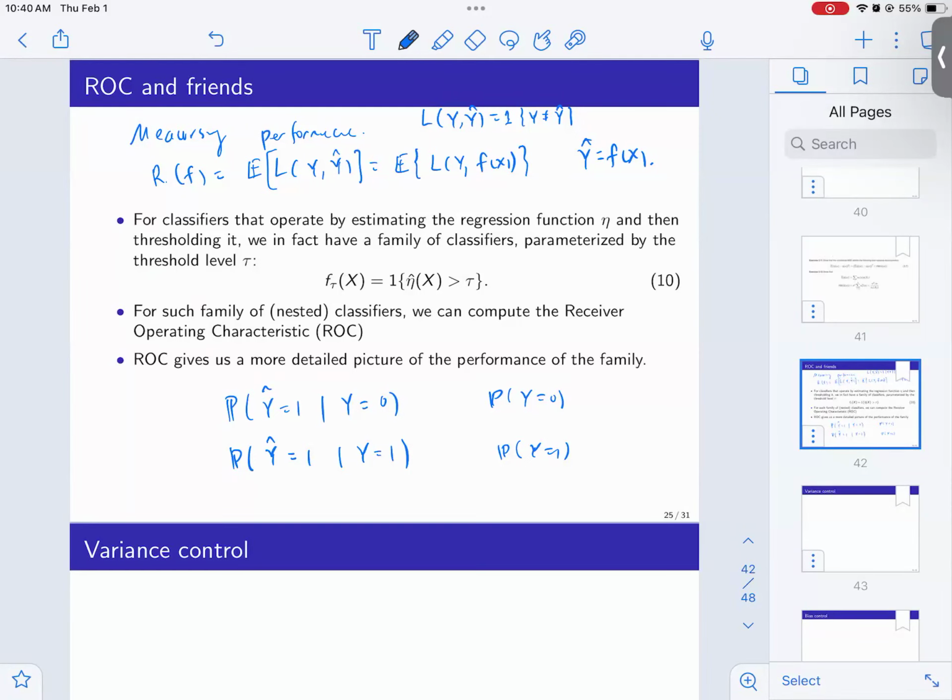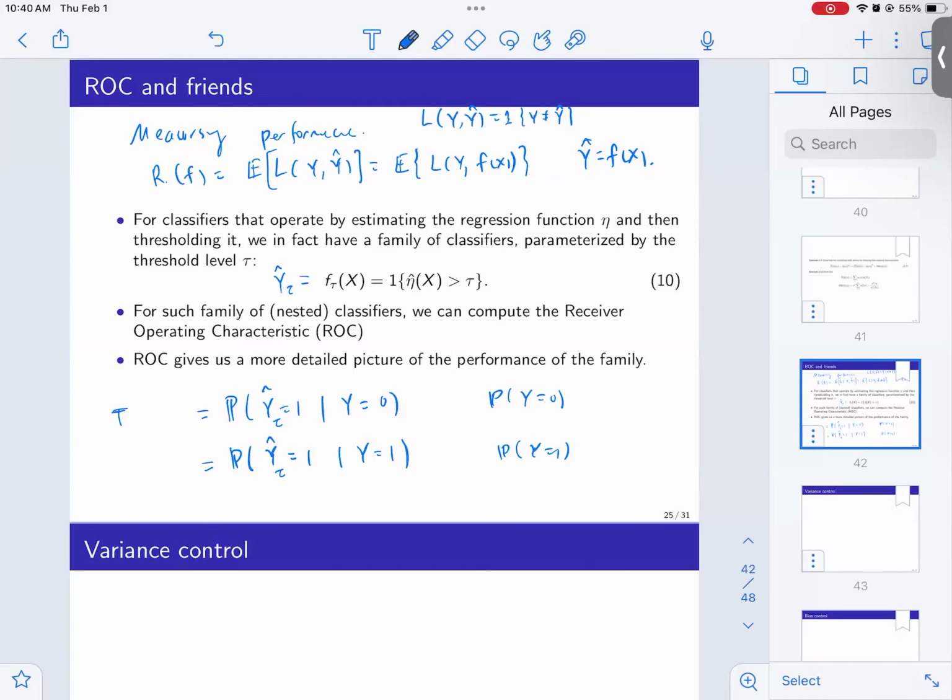And because the classifier depends on tau, you can say this is y hat tau. So this quantity would depend on tau. And so I get two numbers. This is called, anyone knows what this is called? There are many names.